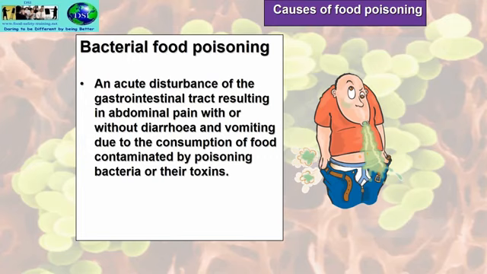Bacterial food poisoning, let's have a look at a definition there. This is an acute, so short-term, disturbance of the gastrointestinal tract resulting in abdominal pain with or without diarrhea and vomiting due to the consumption of food contaminated by poisoning bacteria or their toxins.